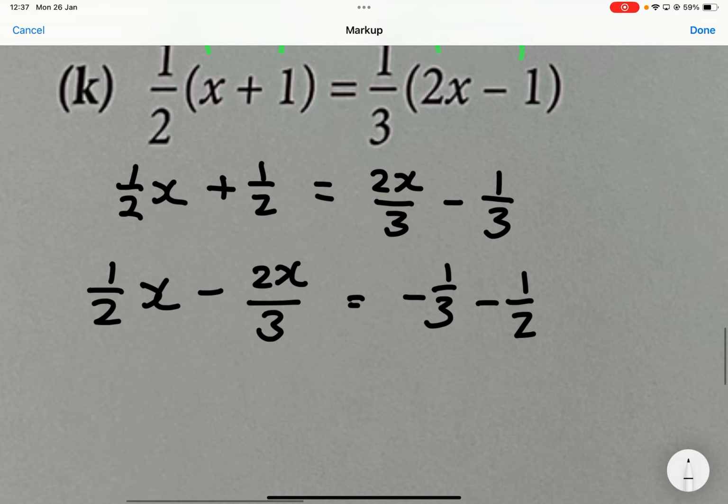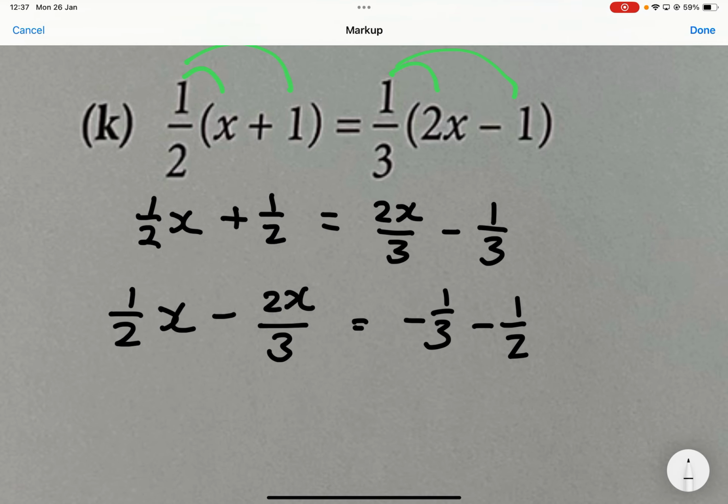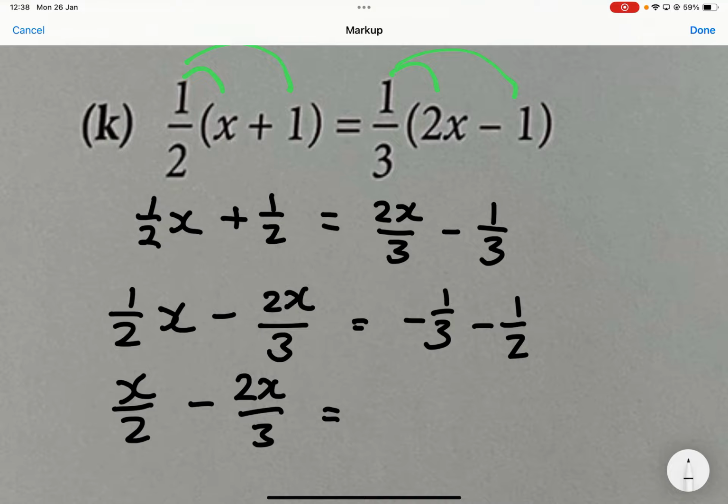Then from two terms, I want to combine them together. I write half x as x over 2. Then this one, same, press calculator: minus 1/3 minus another half is negative 2/3. Sorry, negative 5 over 6. Okay, press calculator.